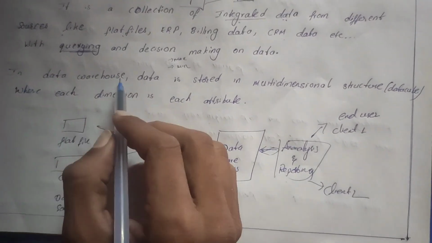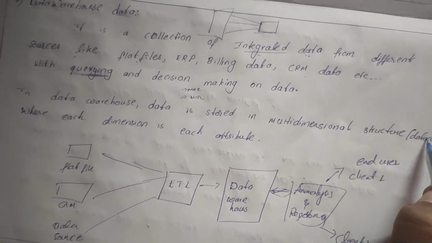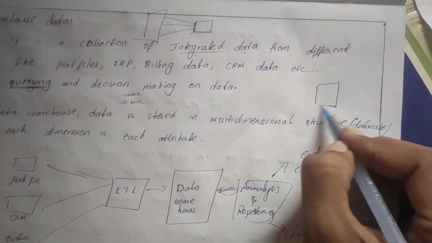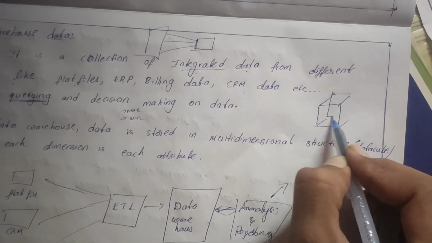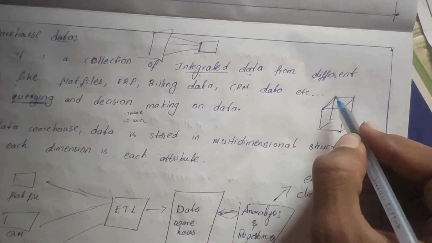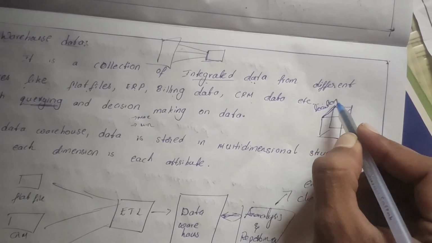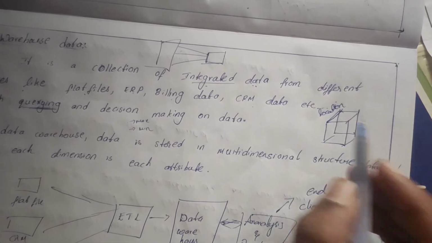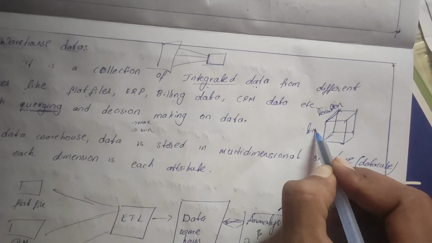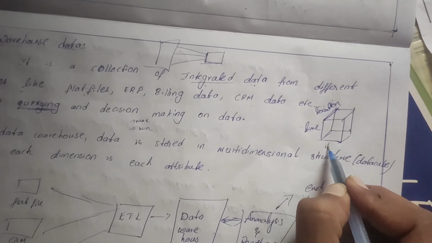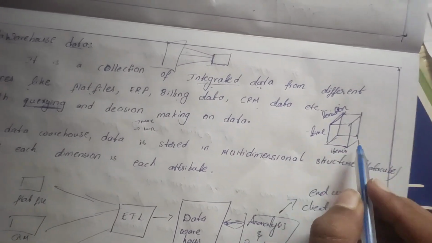Next, in a data warehouse, data is stored in a multi-dimensional structure, that is a data cube, in the form of a cube. Here is location, here is time, and here is items. For example, mobile phones and sales also come under items.